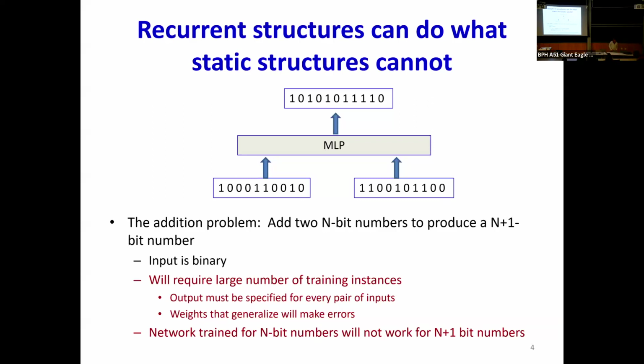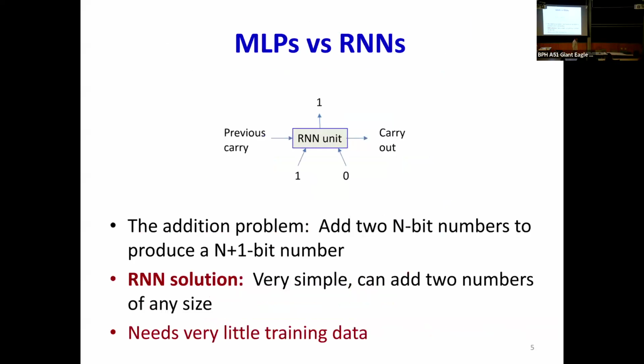No, it's done, right? On the other hand, if I did the same thing using just a recurrent network, that's my entire network. It's going to take the two inputs 1 bit at a time, and all it has to learn is to produce 2 outputs, the actual value and the carry. How large would this network be? It's 2 inputs coming in, 2 outputs going out.